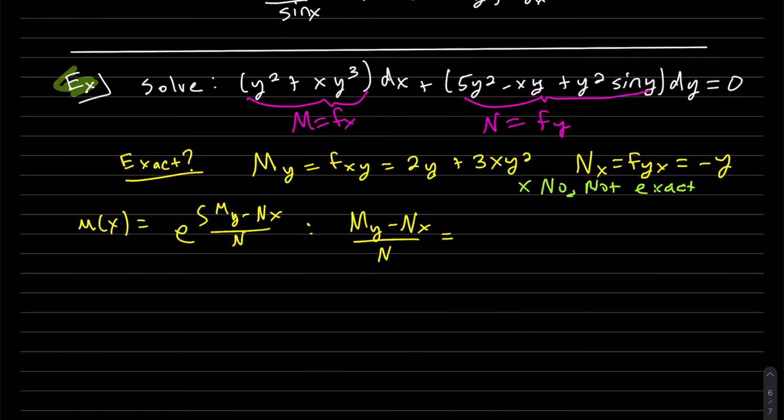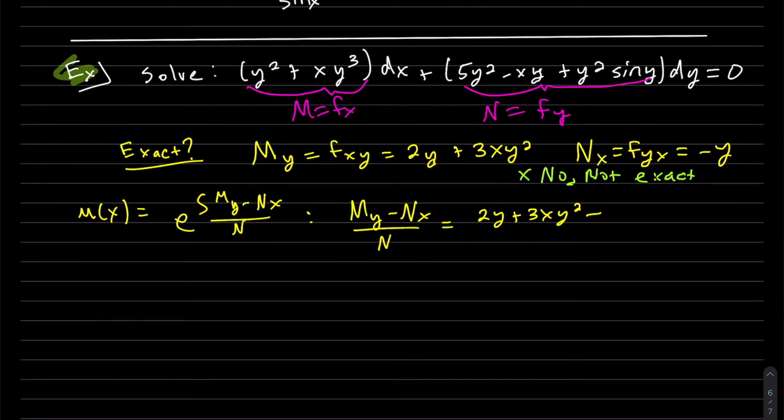So you can see this is m, but we want my right here. So we write minus nx, which is minus a minus y, which is actually plus y, all over just n, which is all of that.